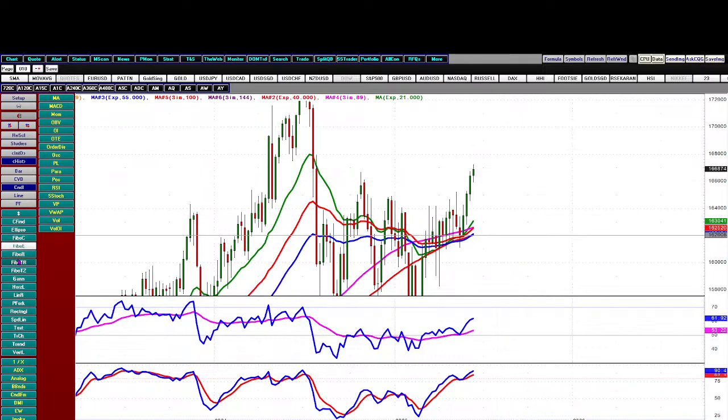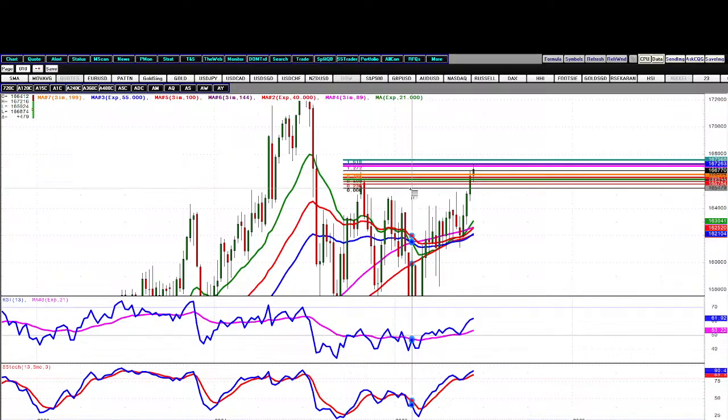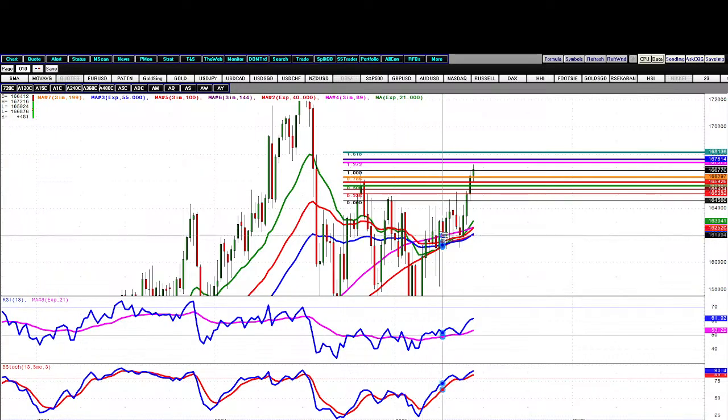Okay, 168 as target, 167.60 and 168. Right now this is trading at 66.90.